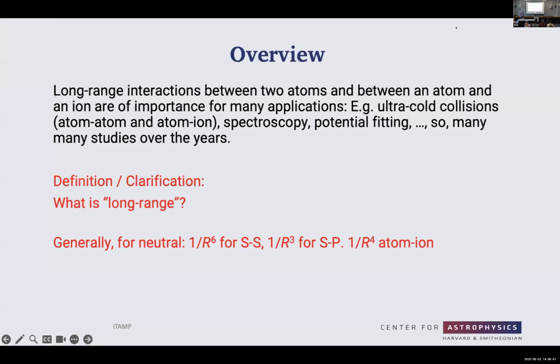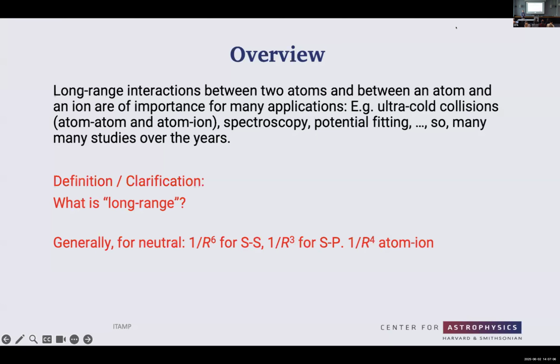And those are also, except for the ultra-cold, areas that go way back. Potential fitting is an ancient art, and these long-range interactions are crucial to doing it right.